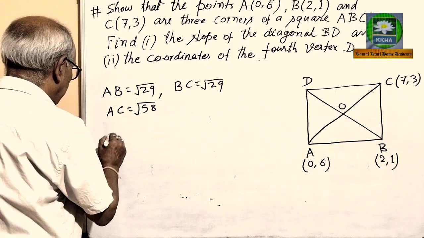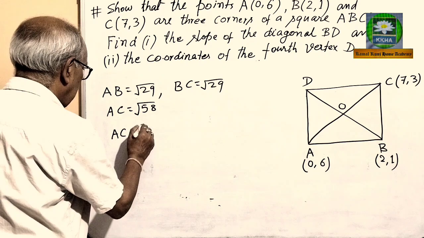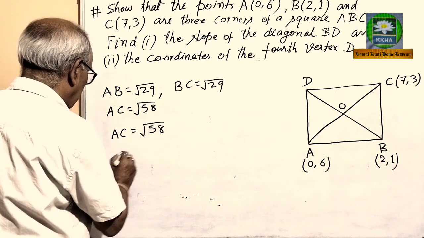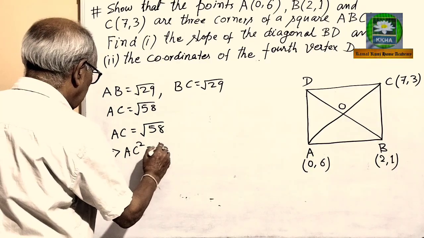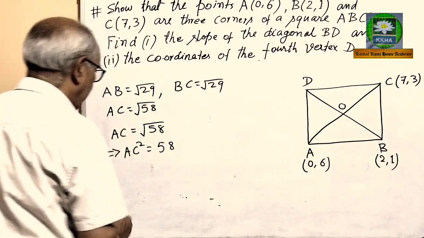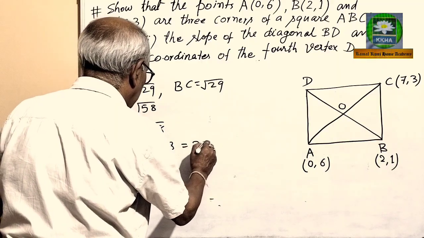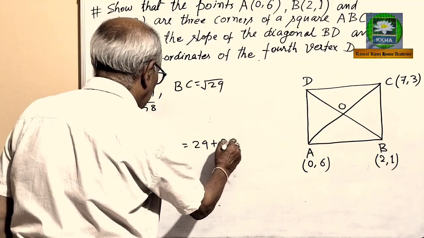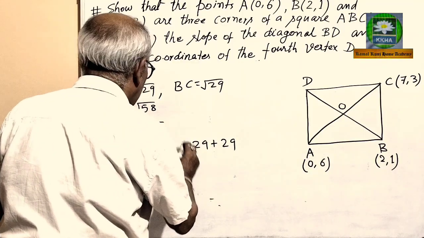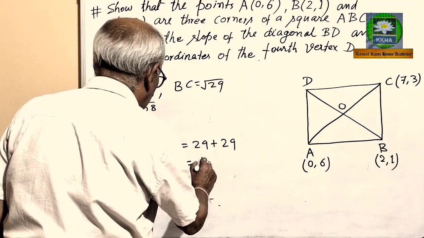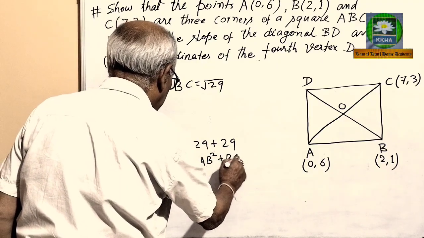Here we see that AC is equal to under root 58. This implies that AC square is equal to 58. This is equal to 29 plus 29. This is equal to 29 is AB square plus BC square.